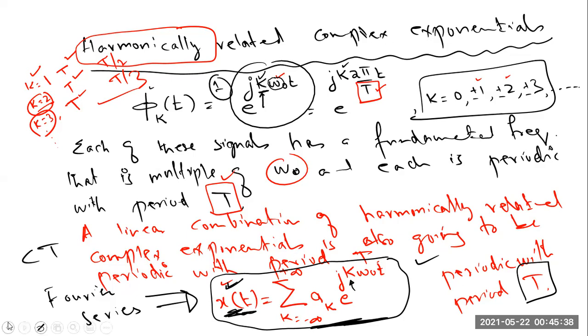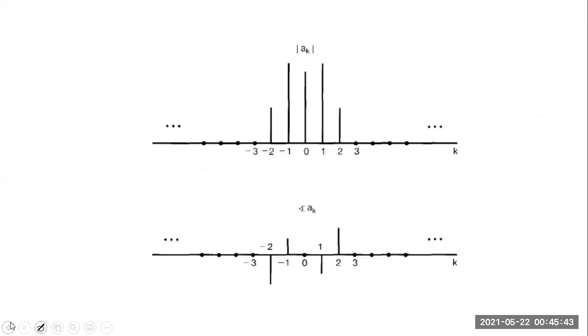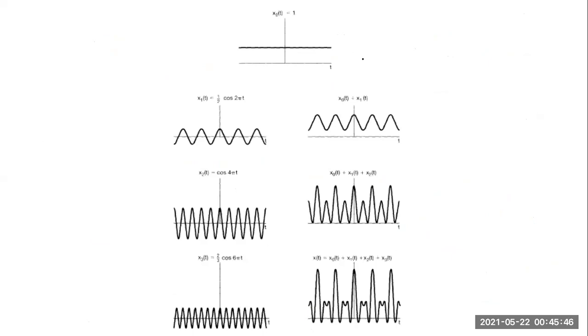Now, just to give you a visual representation, let me go back to this figure. Let's assume that you have a signal whose equation is given as 1 plus 1 by 2 cos 2 pi t plus cos 4 pi t plus 2 by 3 cos 6 pi t.